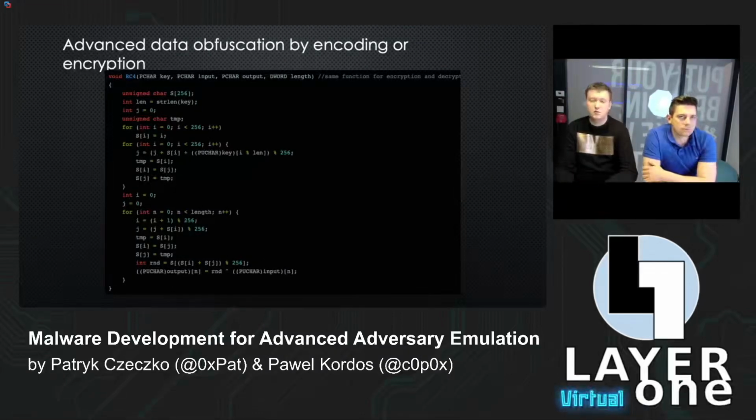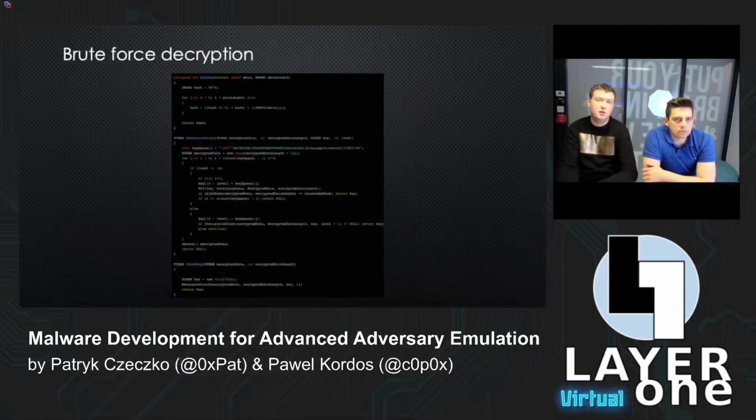Another technique is data obfuscation. This is always useful when it comes to malware development. You can either use the Windows default functions, but those can be hooked, so it's always a good idea to run your own obfuscation tool for encoding and decoding. Also, you can choose not to deliver the key, but during the code execution try to brute force the key, so it makes a little more mess inside the code and makes it harder to decompile and reverse engineer.